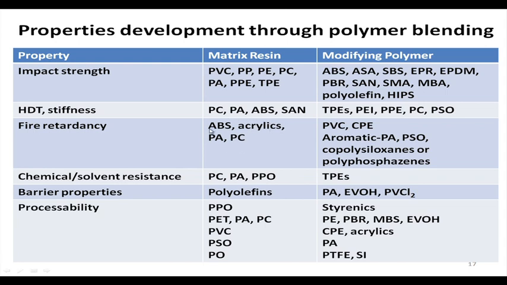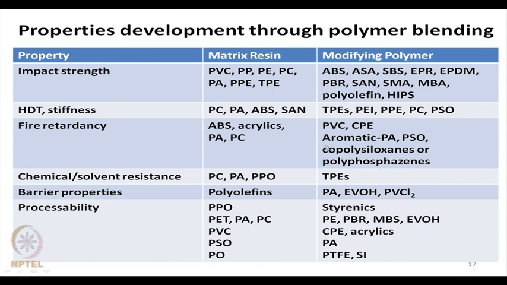So, in order to make them resistant to fire or improve fire retardancy, one can mix ABS with PVC, or ABS with chlorinated polyethylene, or ABS with aromatic polyamide, etc., or polysulfone or co-polysiloxanes or polyphosphazenes.